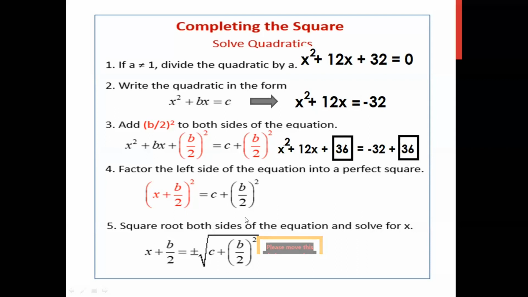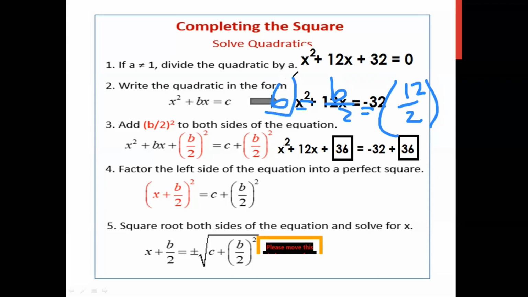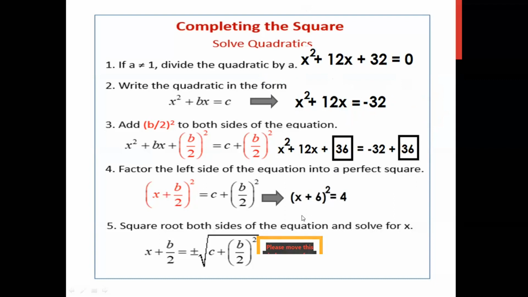After that, you should remember your answer for b half. The answer, 12 over 2, is our b half, which is 6. We should remember that 6, because we can use it in our factored perfect square trinomial. So we put 6 squared, which is equal to 4.